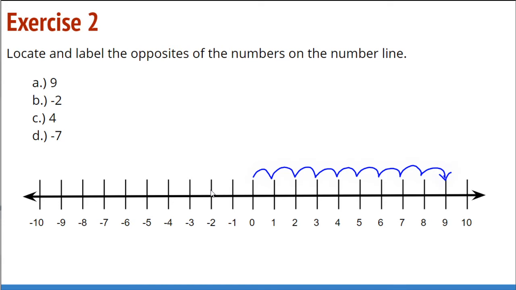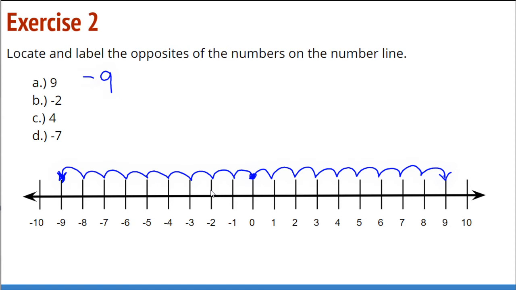And if I am going to find its opposite, I need to start at 0 again, and I need to go in the opposite direction. 1, 2, 3, 4, 5, 6, 7, 8, 9. And I can find its opposite is -9. Now, in my head, I should be saying they are opposites because they're on opposite sides of 0, and they are both the same distance from 0.